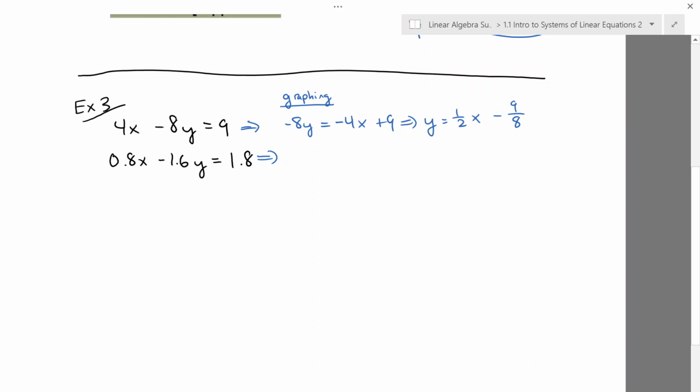And what is this? So I subtract the x term, so you get minus 1.6y is equal to negative 0.8x plus 1.8. And then I have to divide by the negative 1.6.